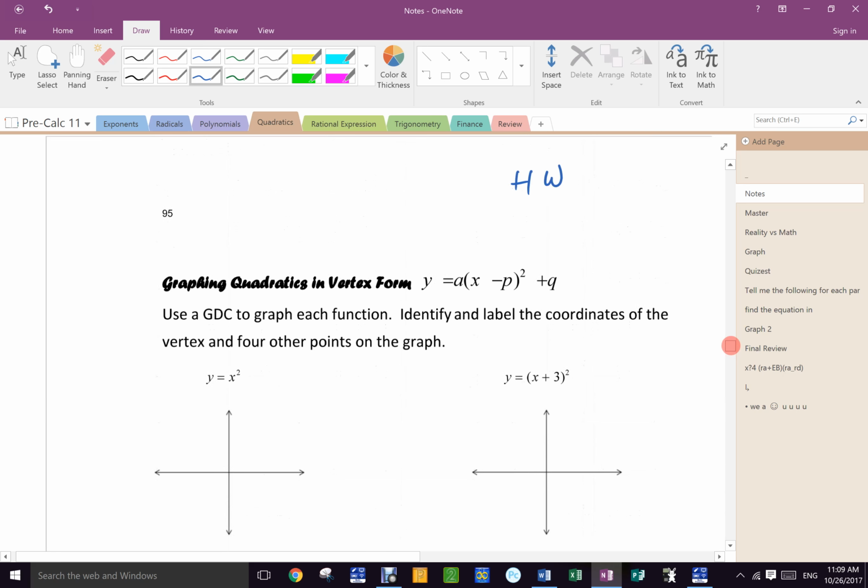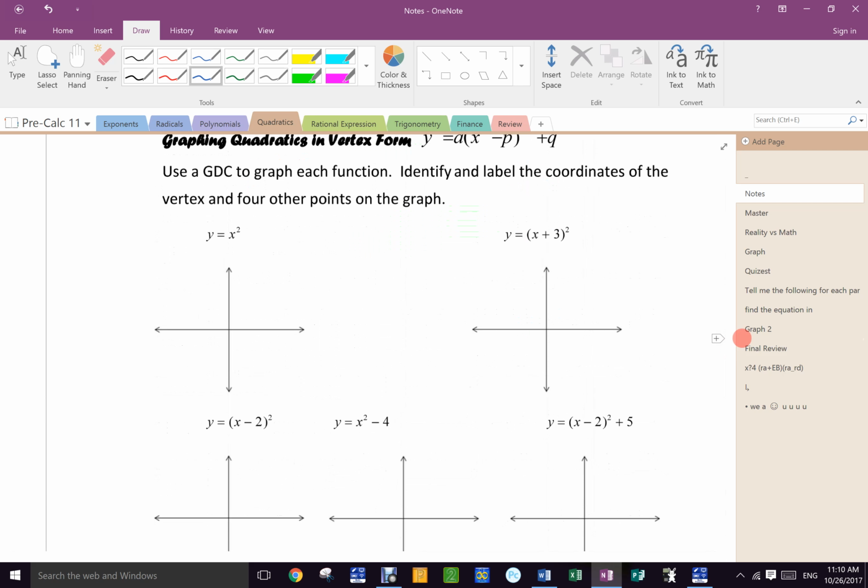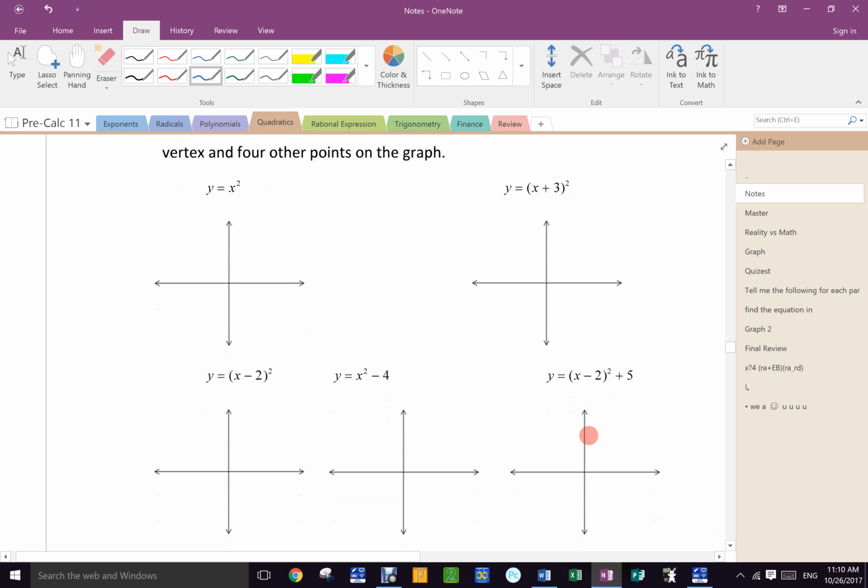Everybody cool? All right. Let's do one of these first. What's this first one? It's the easiest, right? Where does it start? 0, 0, over 1, up 1. Over 2, up 4.